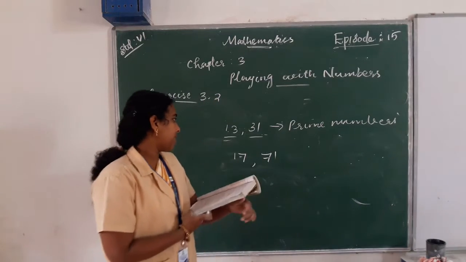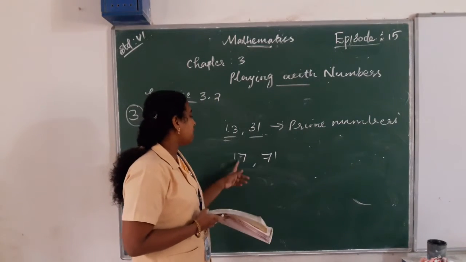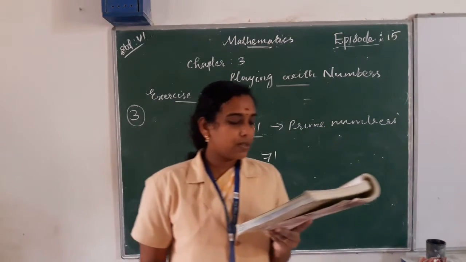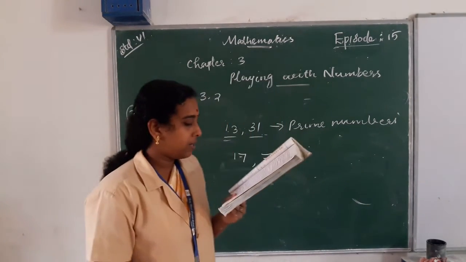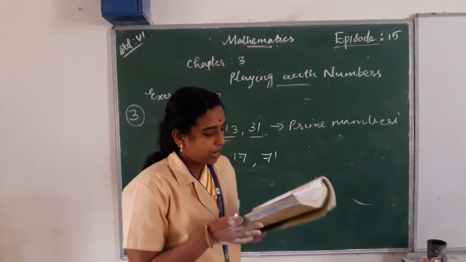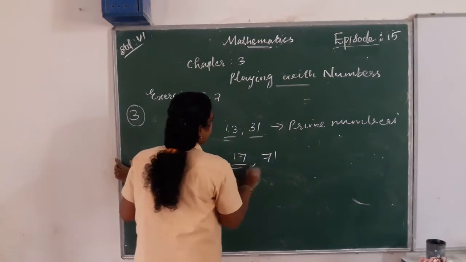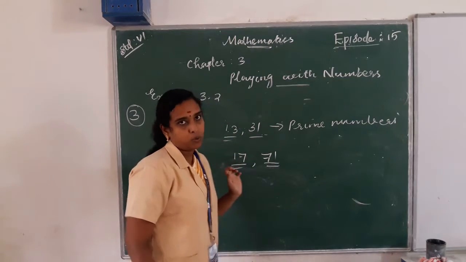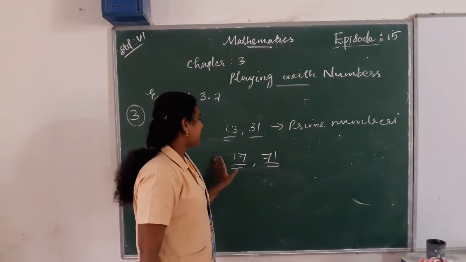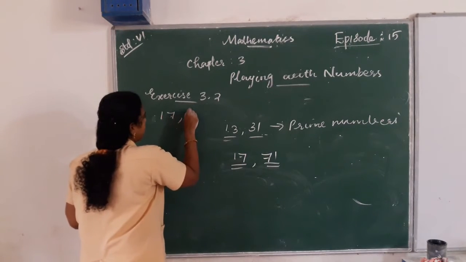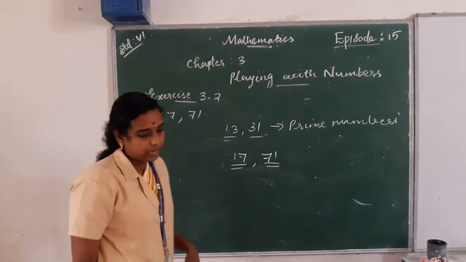And 17 and 71 have the same digits, that is 1 and 7. 17 and 71 have two factors, so they are prime numbers. So the first pair is 17 and 71.